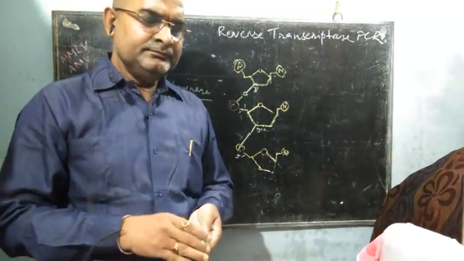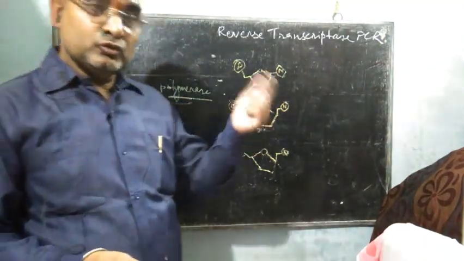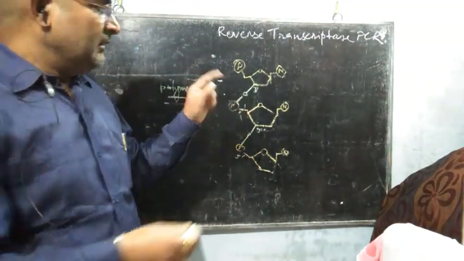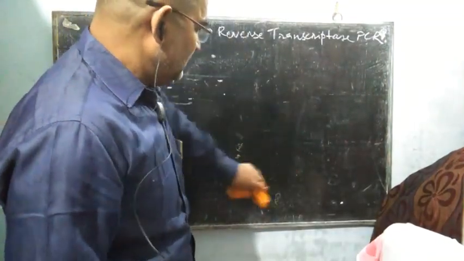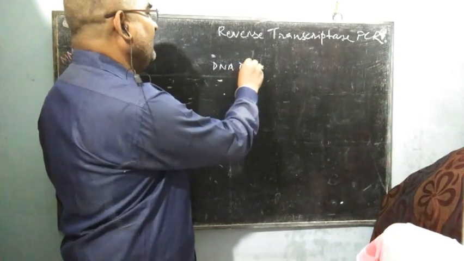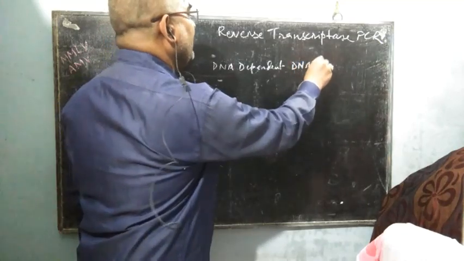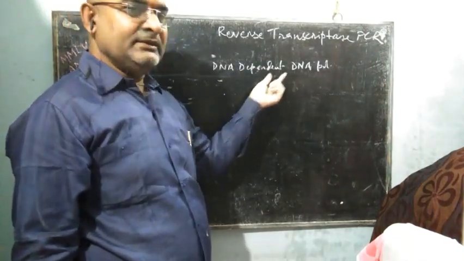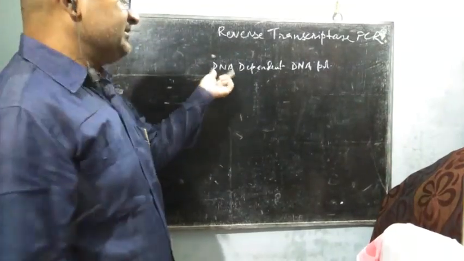Now if you consider the enzyme polymerase, on the basis of the source, the polymerases are observed as follows. First, DNA dependent DNA polymerase, which is responsible for the synthesis of a DNA strand by the use of the DNA template strand.